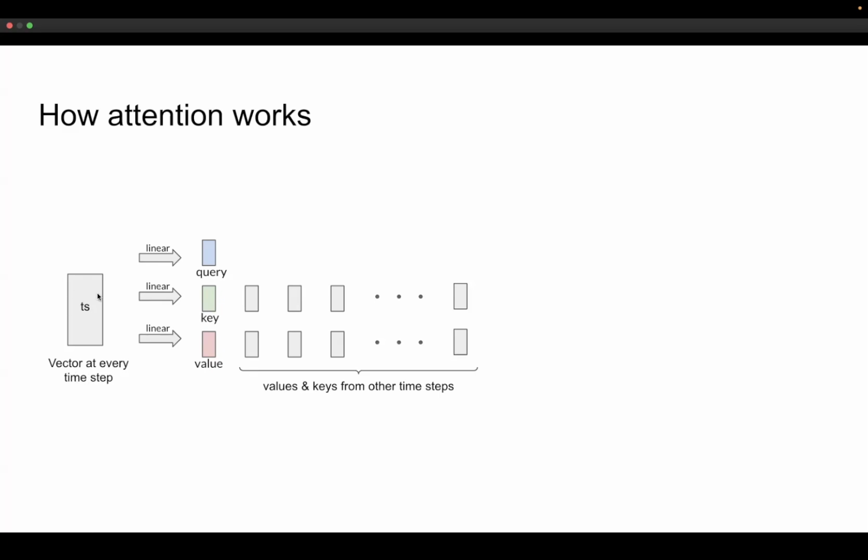So for example, if we want to update the embedding for this particular time step, then we take this feature vector and look at the query and compare the dot product with the keys from the current time step as well as from all the other time steps. And we get a weight based on this dot product. And finally, we do a weighted sum of the corresponding value vectors.